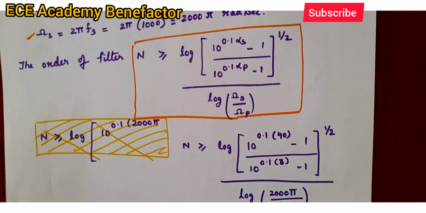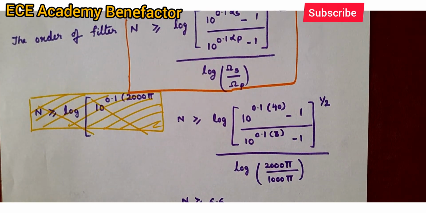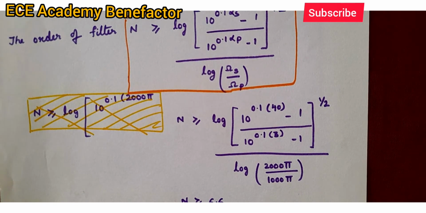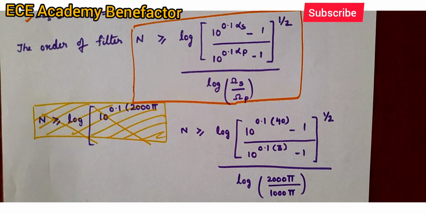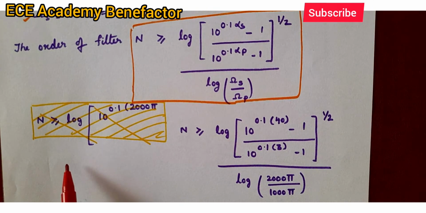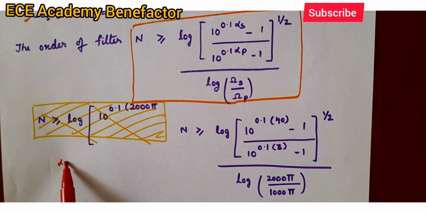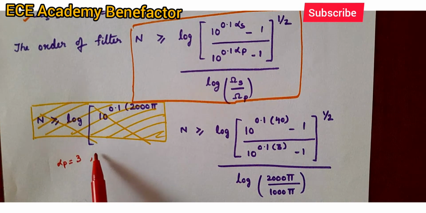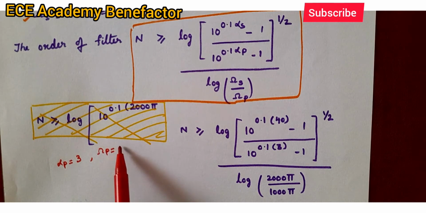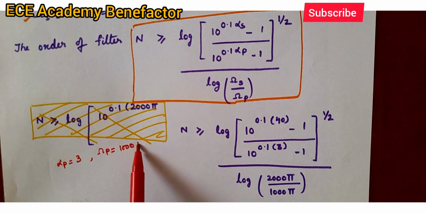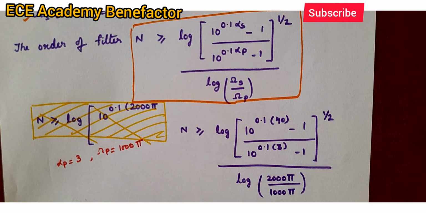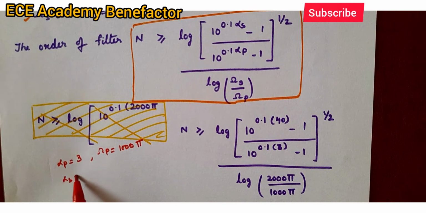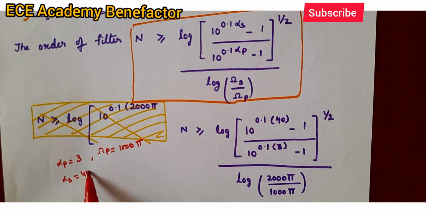Ohm s is 2000 pi and ohm p is 1000 pi radians per second.